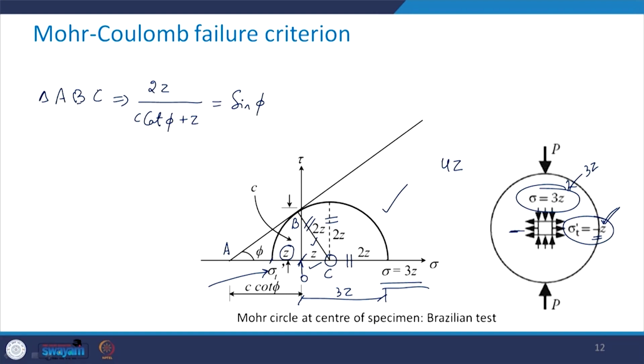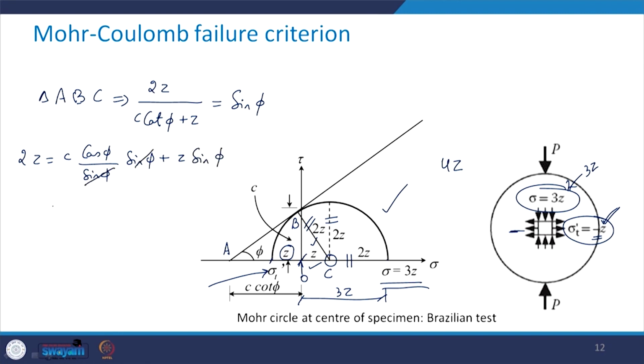Now just simplify this. What we are going to get is 2z equal to, say, C, I can write here as cos phi upon sine phi, and multiply it by sine phi, plus another term z sine phi.